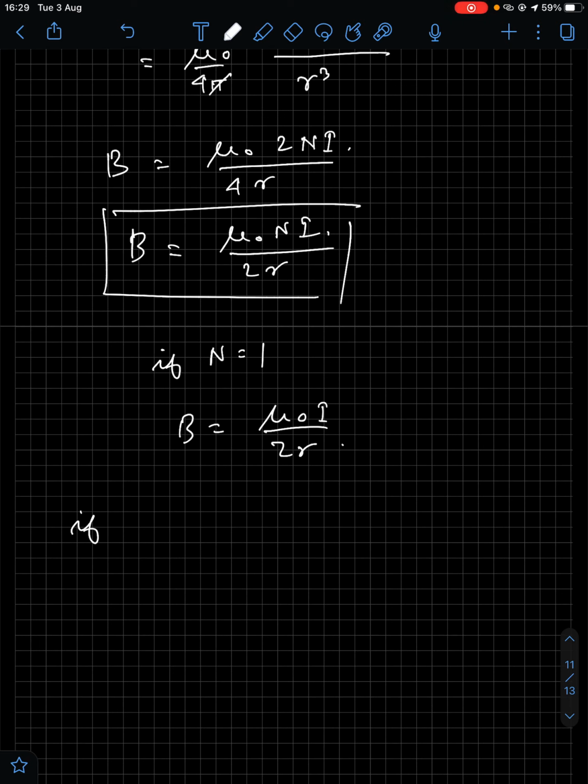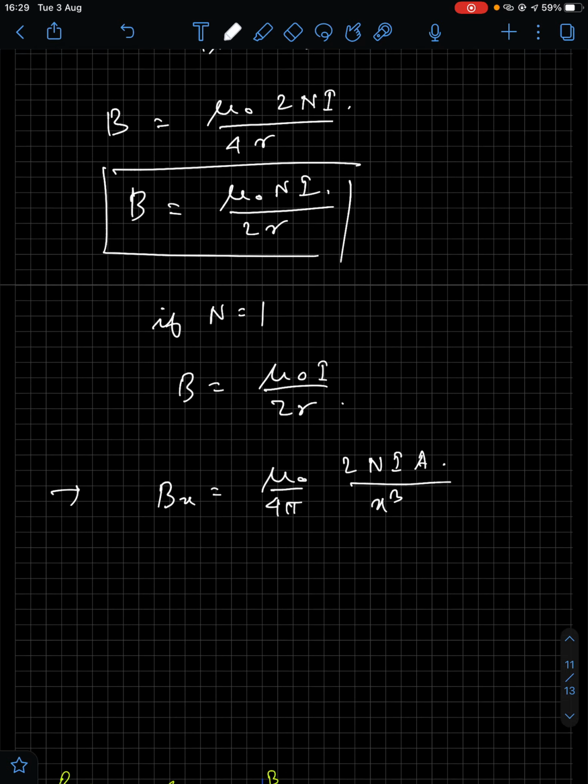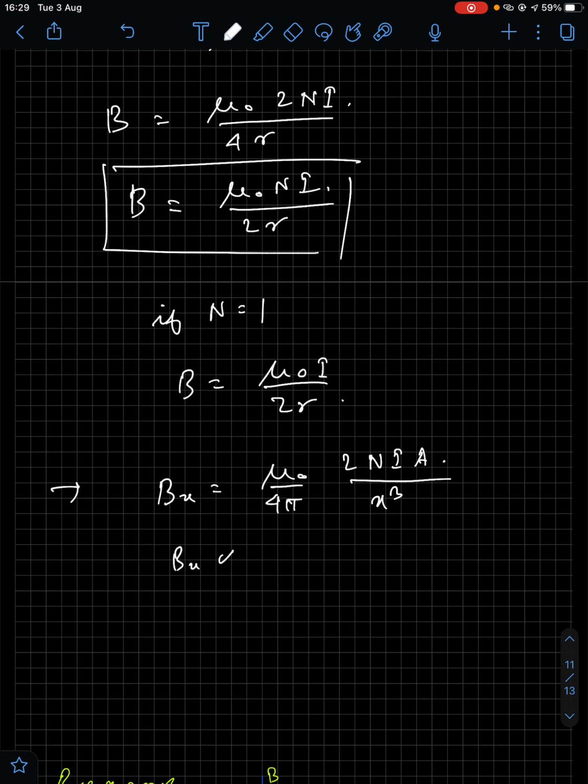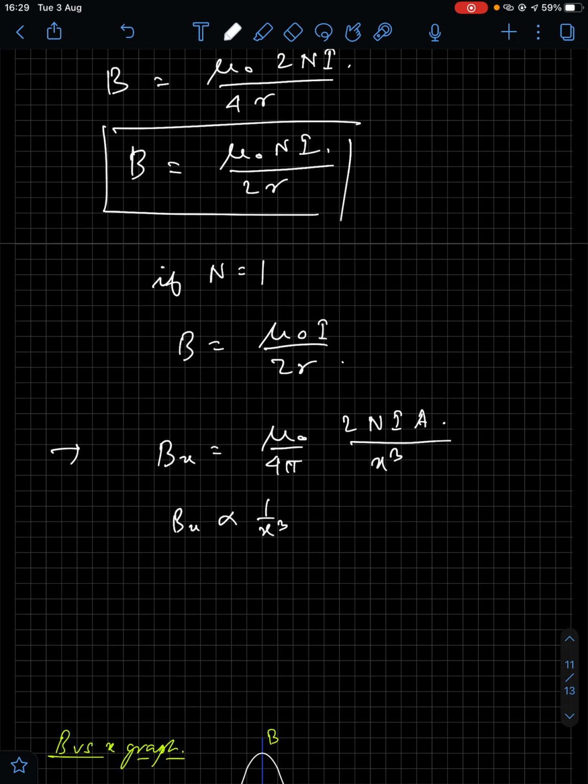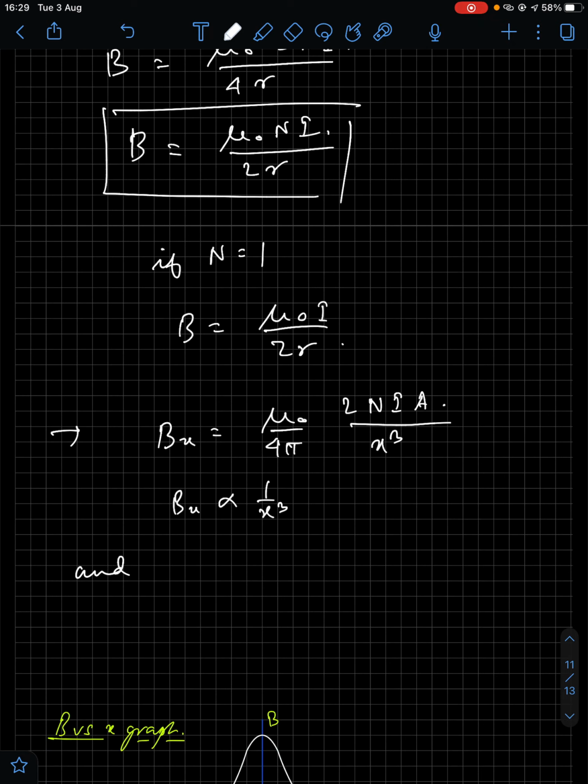Now you see, if we consider the relations from above, the magnetic field at a distance x from the center of the loop was given by mu naught by 4 pi, twice NIA divided by x cube, right? So here we can say that Bx is inversely proportional to x cube.